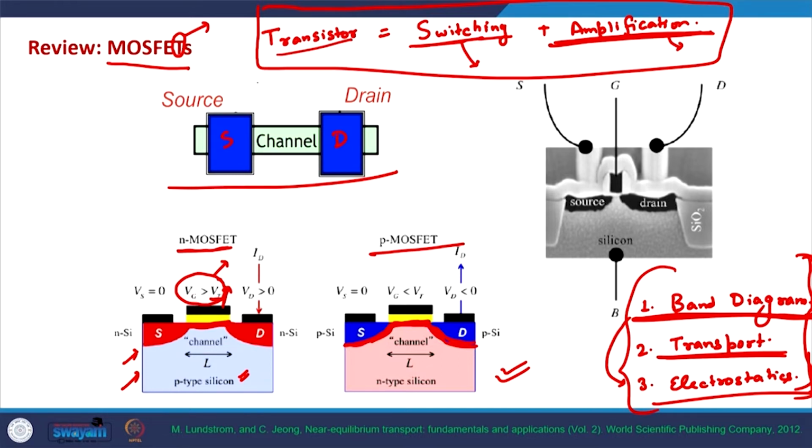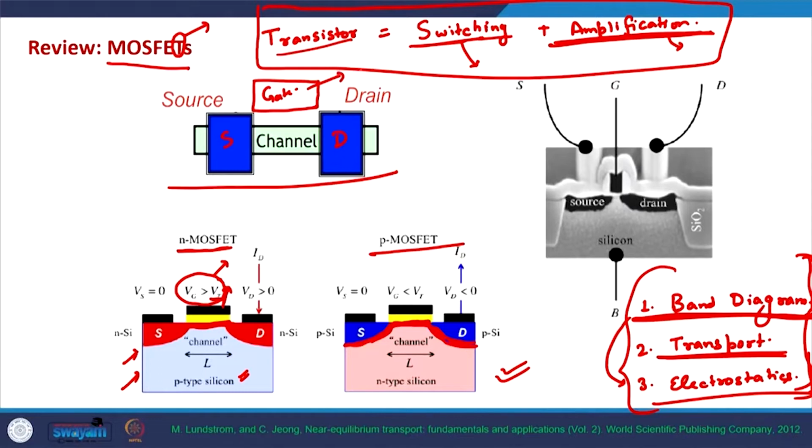That is why this third terminal is like a control terminal in our device. The source and the drain terminals are the active terminals, because the current flows through these terminals, and this third terminal controls whether the current would flow or not in the device.